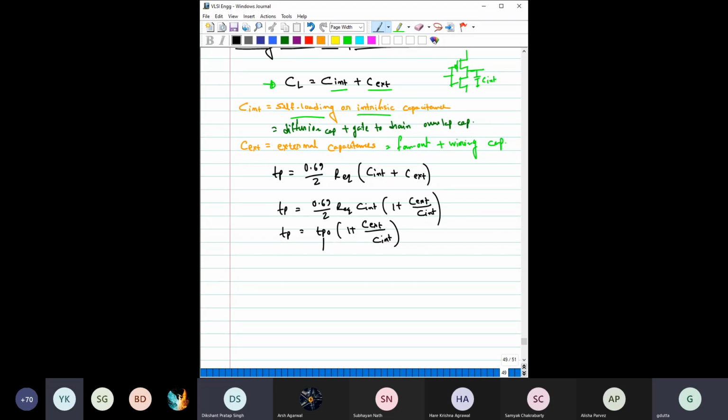So what is this TP naught? TP naught is equal to 0.69 by 2 R equivalent into C int. TP naught is also a delay, right? R equivalent is there, and C int is there. And what is C int? C int is due to the intrinsic part, due to the self-loading part, right? So this TP naught is called the intrinsic delay or unloaded delay.